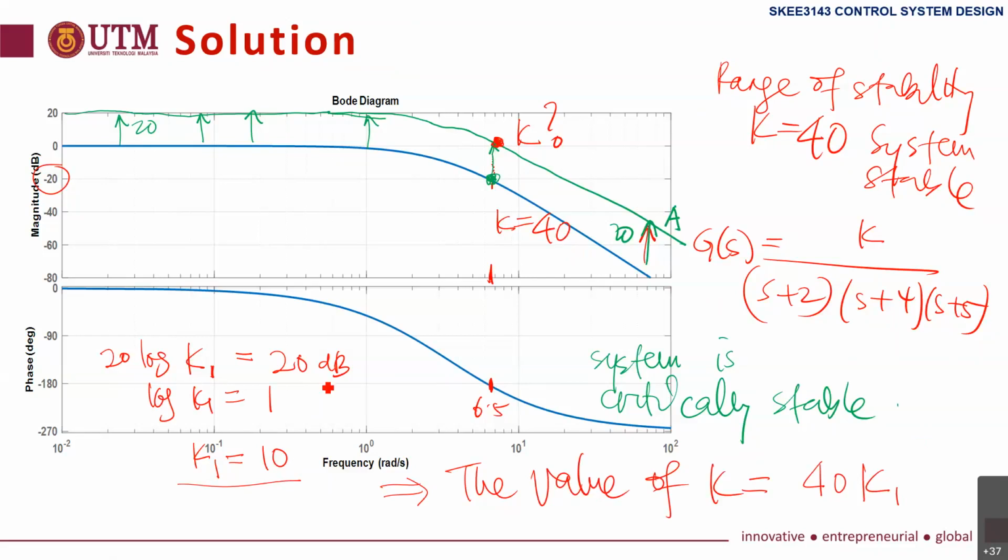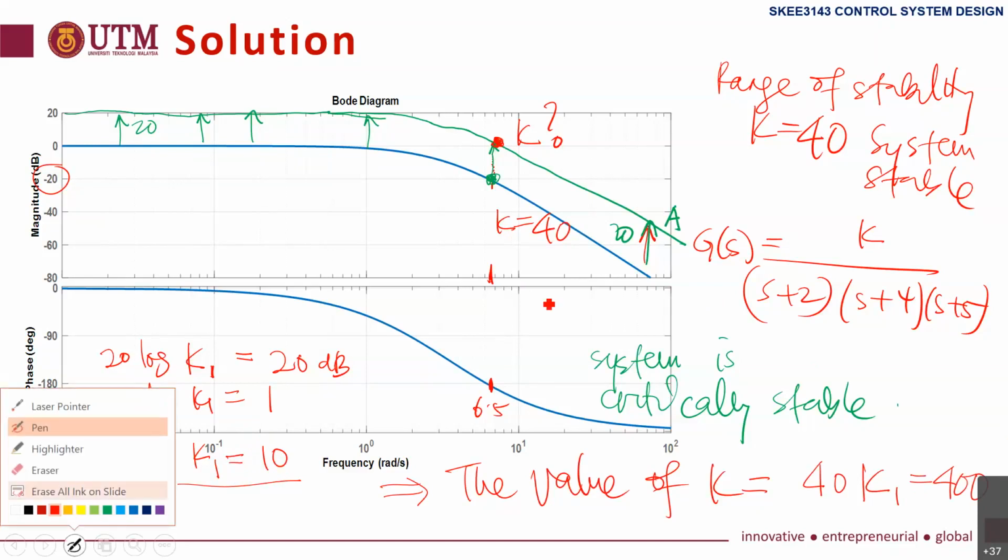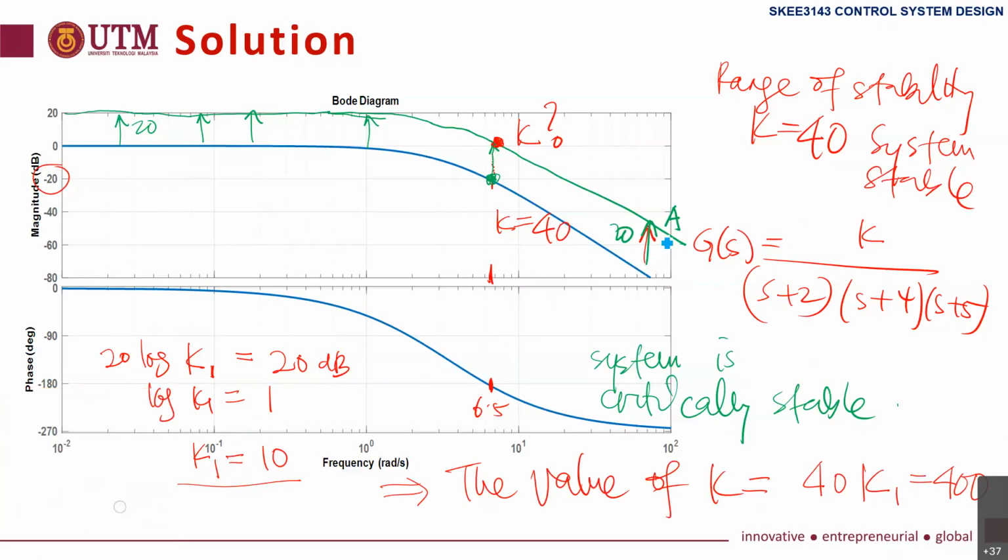If initially it was 1, then we could directly use this value as the K. Because we already have 40, we have to multiply K1, which is 10, with 40, which is 400. So if we use K400 here, the magnitude will be like this, and the system will be critically stable when K is 400.